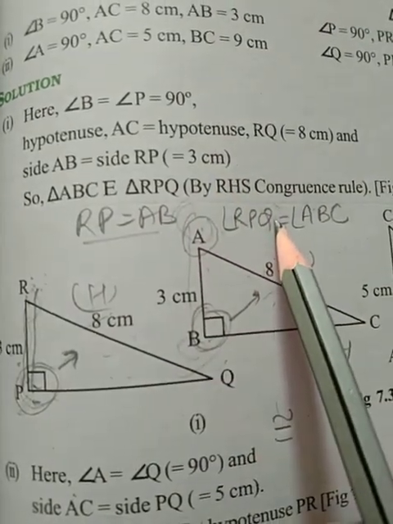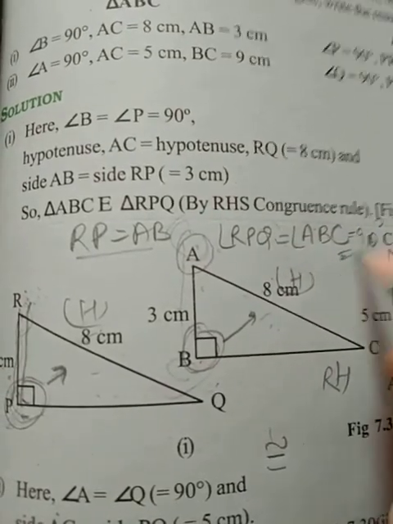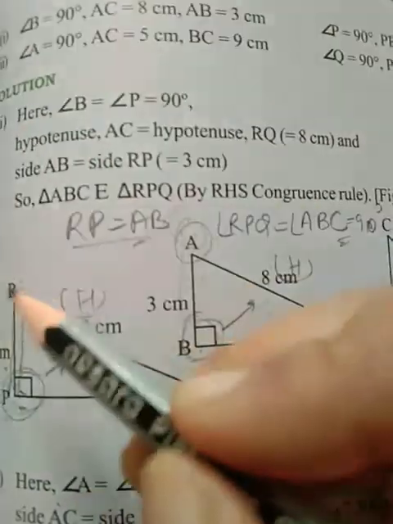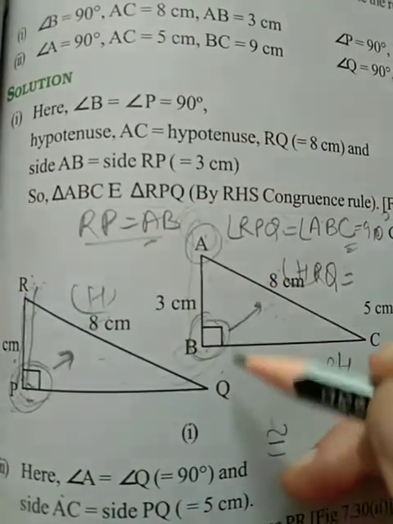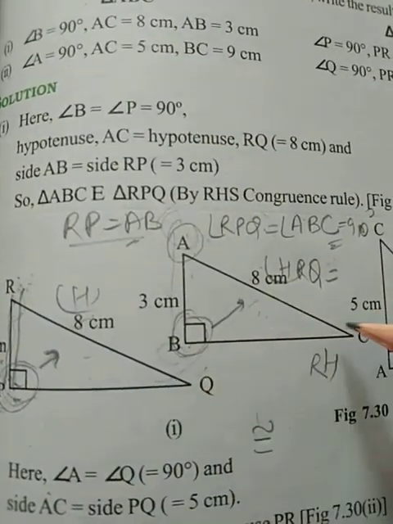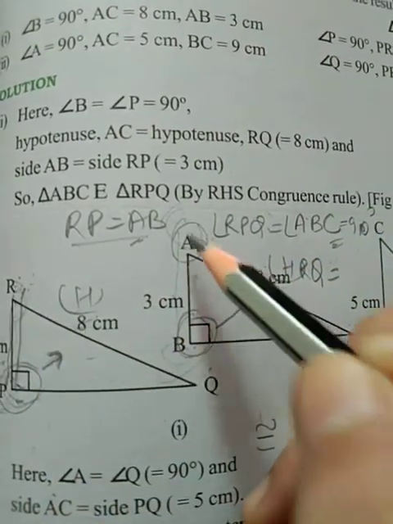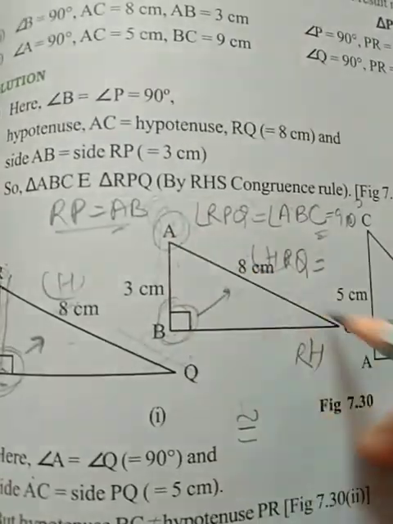Now see, right angle, because they are both 90 degrees, so right angle, and the side and this hypotenuse, how will you write? RQ equals AC. R is coming from here to here, so from 3 here, here also you will write AC.